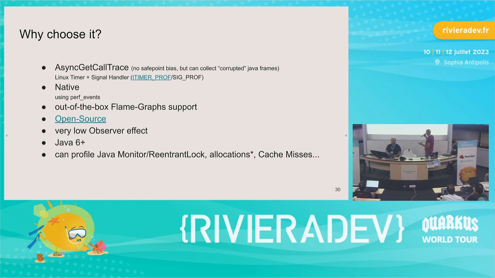So why effectively choose it? AsyncGetCallTrace: no safepoint bias, and it can collect corrupt Java frames because that's the nature of the AsyncGetCallTrace call. I already told you about that.